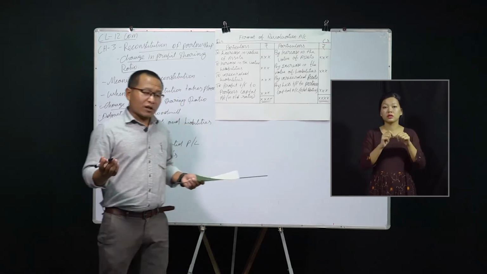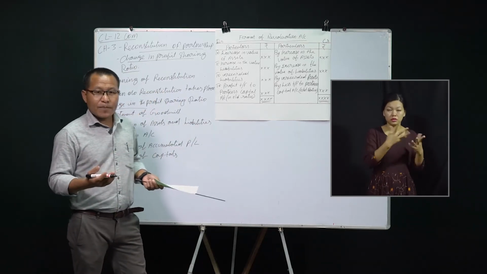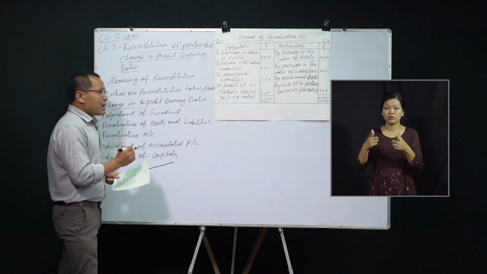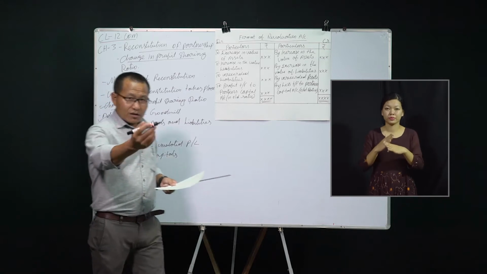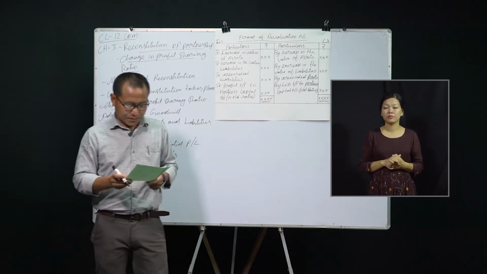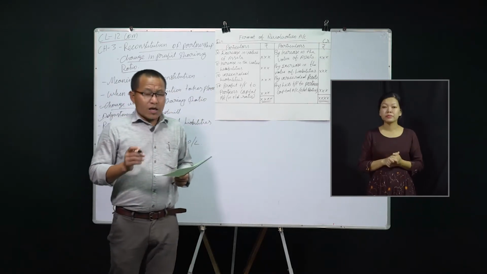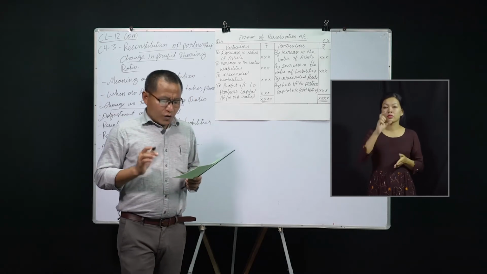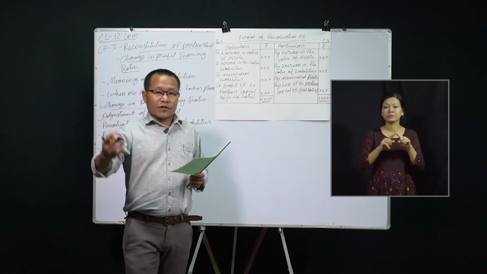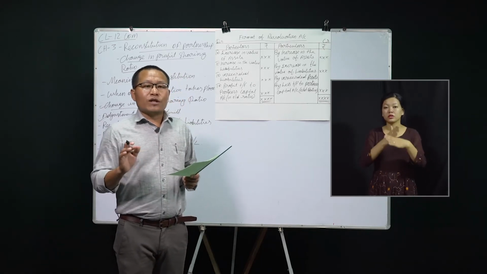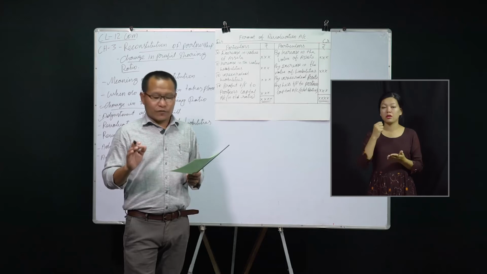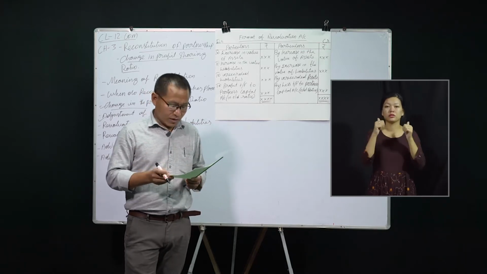Otherwise, no partner gives his share freely. Therefore, we will have to compensate the sacrificing partner by the gaining partner. The compensation of the sacrificing partner has to be equal to the goodwill value of the firm.